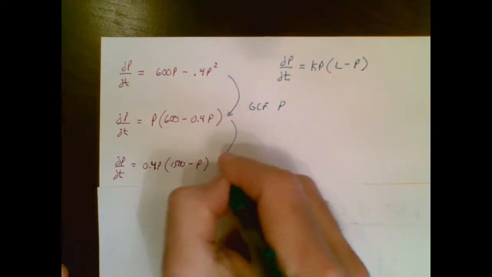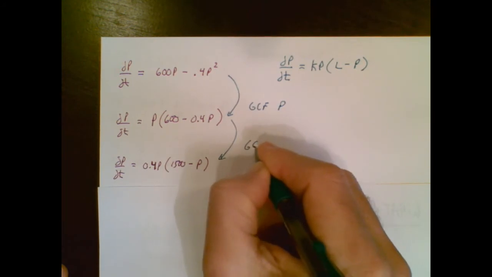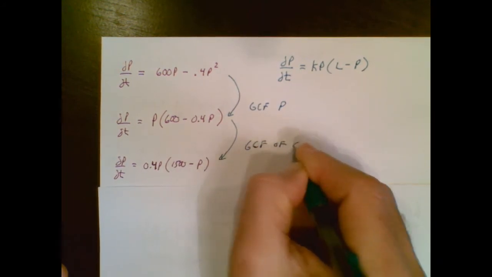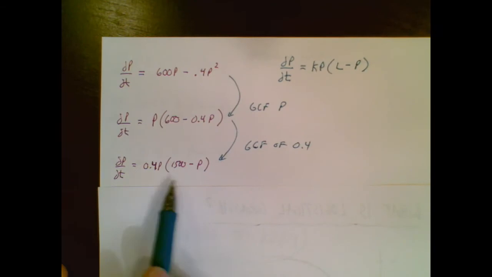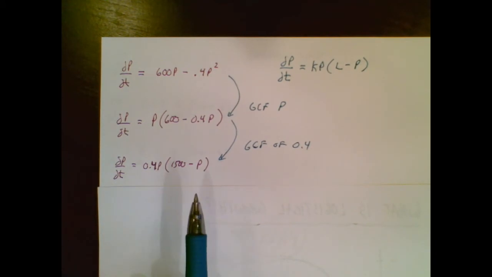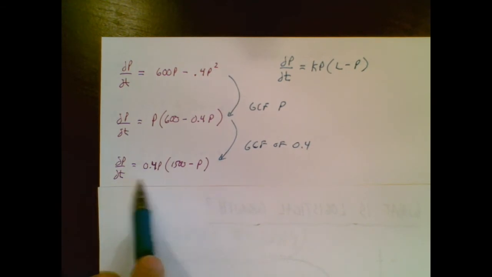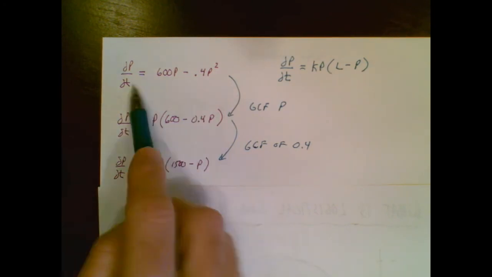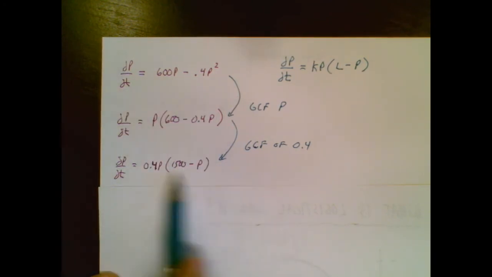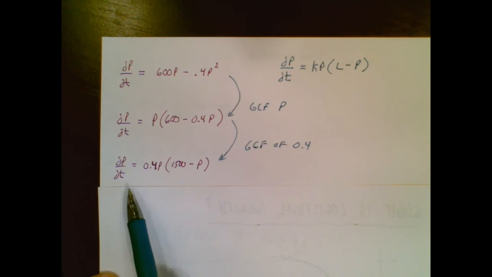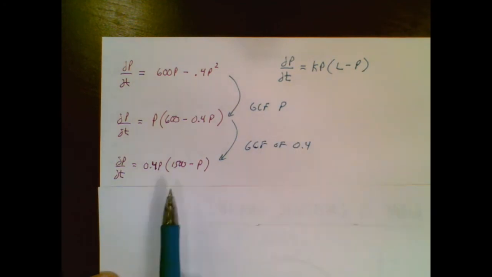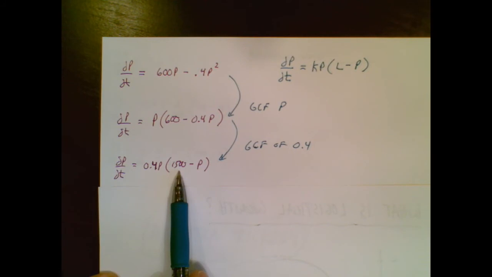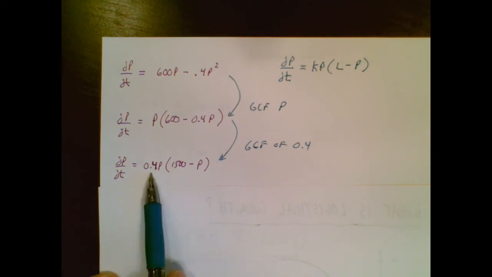If I factor out a second GCF of 0.4, with a little mental arithmetic I end up with the same logistic growth rate equation, now in this form. In this scenario, the population limit was 1,500, and that's the constant of proportionality.